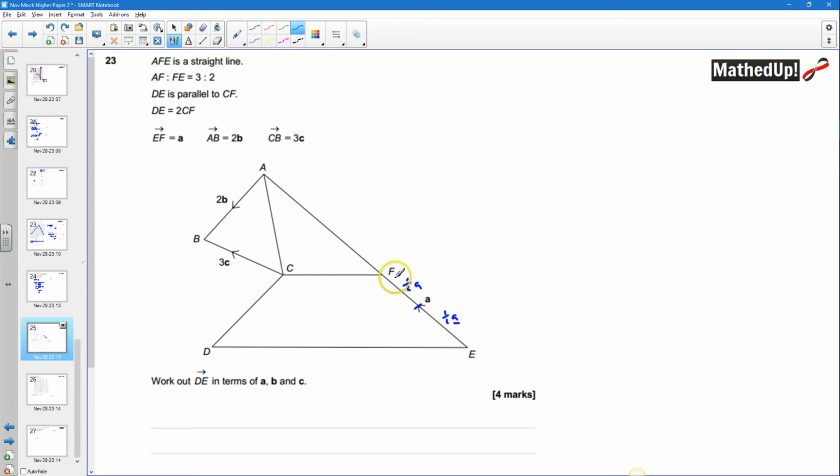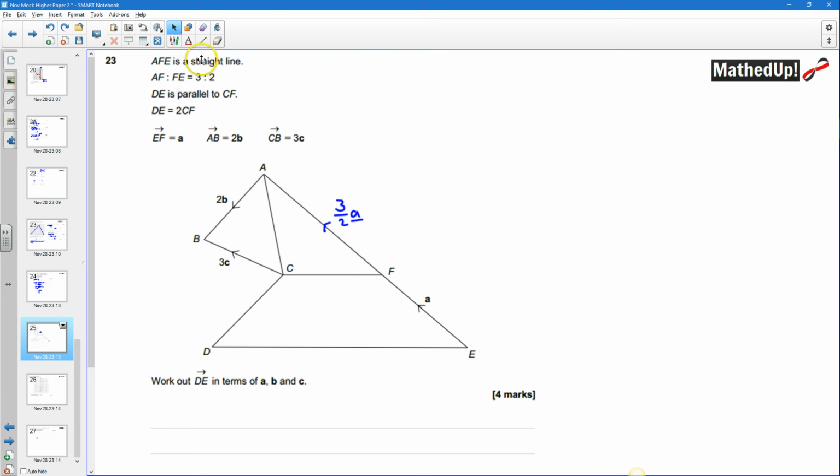So if that's worth 3 parts, that means the vector FA is going to be 3 halves of A. It's 3 lots of that, so that's worth 3 halves of A.